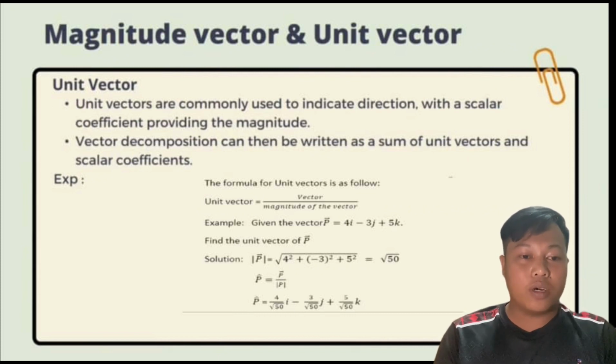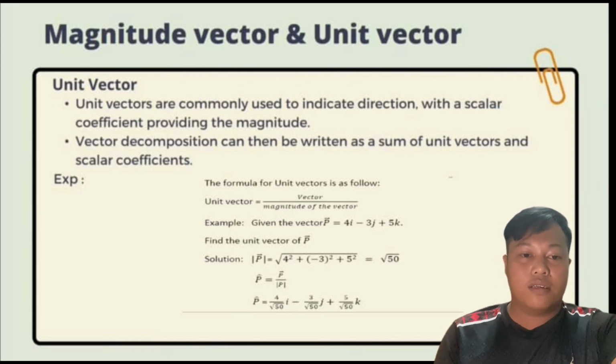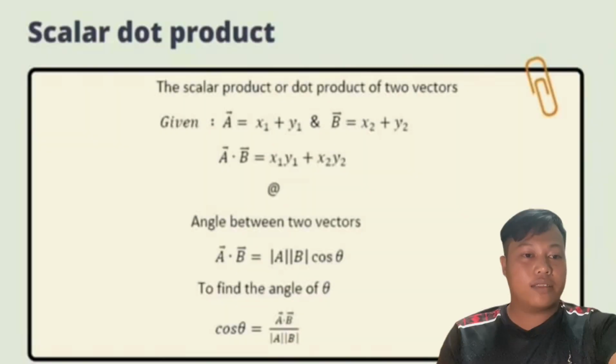The unit vector of P equals vector P over square root 50, which is 4 over square root 50 i, minus 3 over square root 50 j, plus 5 over square root 50 k. Now we are going to the next slide.